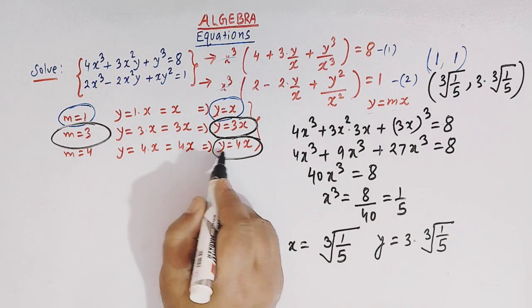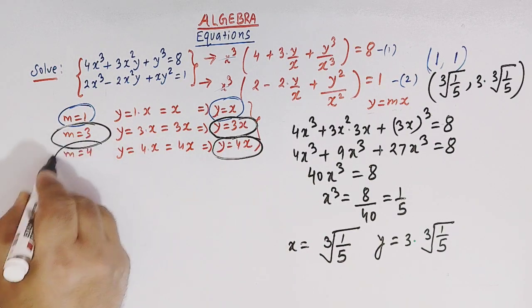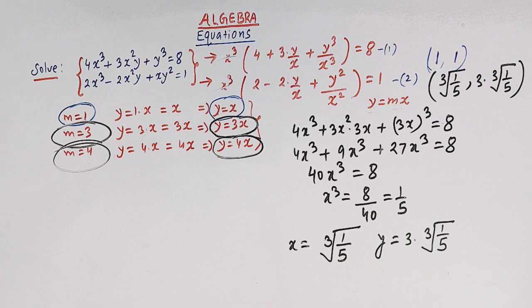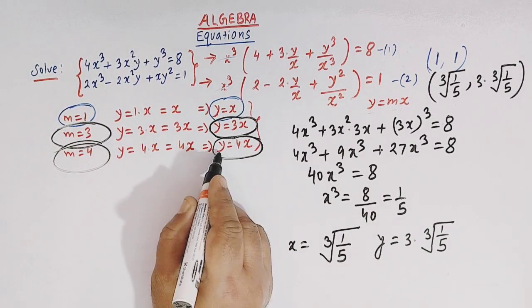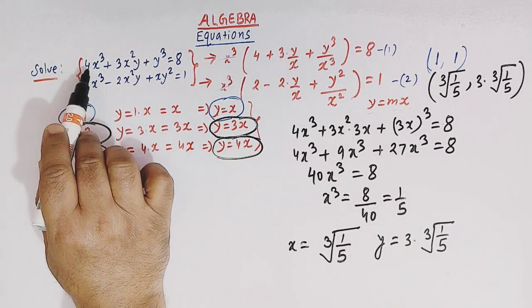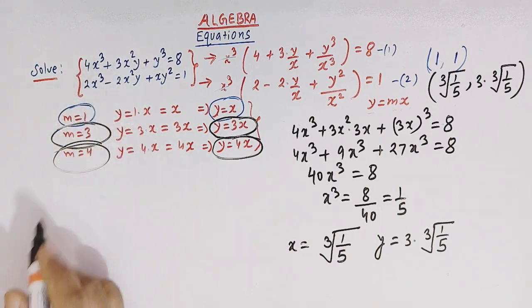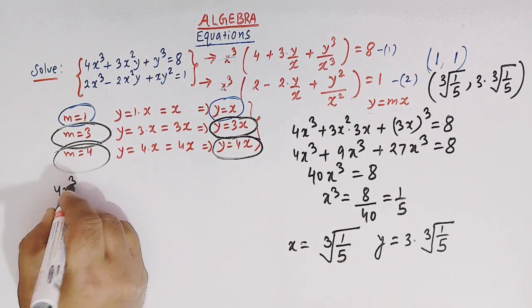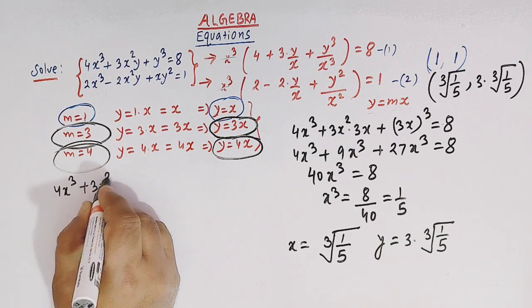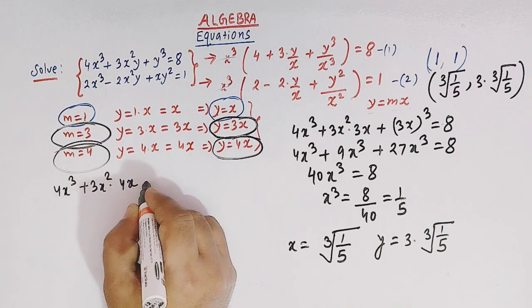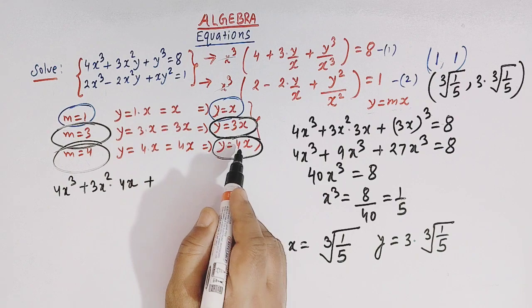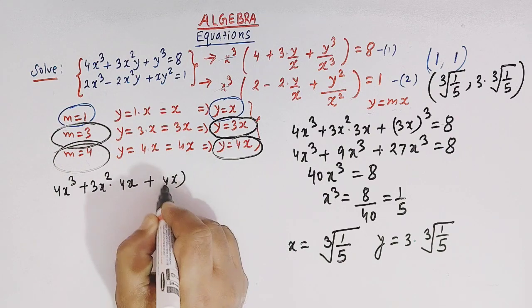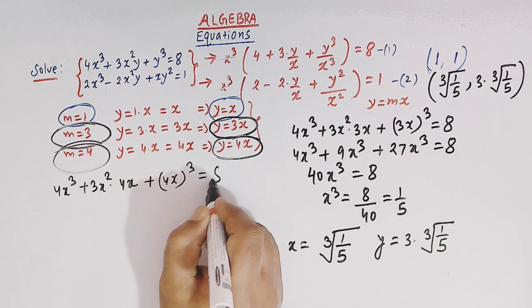Now let us take this relation. Here we have y equal to 4x, corresponding to m equal to 4. So taking y equal to 4x in this equation, we get 4x cube, then we have 3x square times 4x, plus y cube. Y cube can be written as (4x) cube, equal to 8.